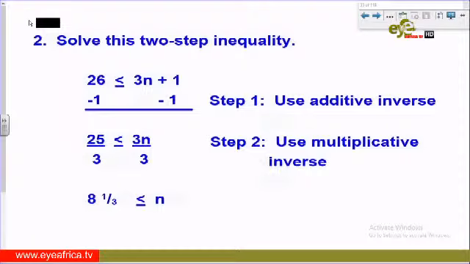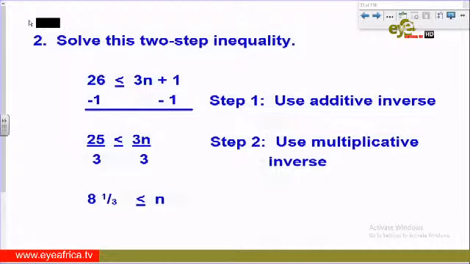Now we will be solving an inequality. Solve this two-step inequality. The steps we took here are the same steps we are going to take. Our question at hand is 26 is less than or equal to 3n plus 1.